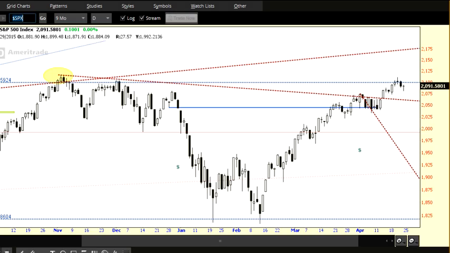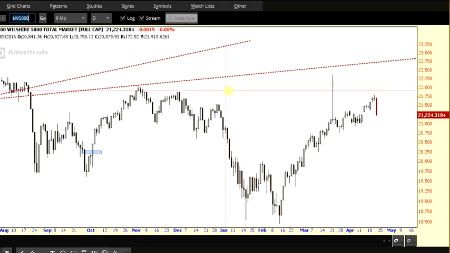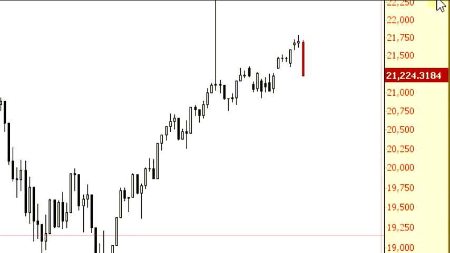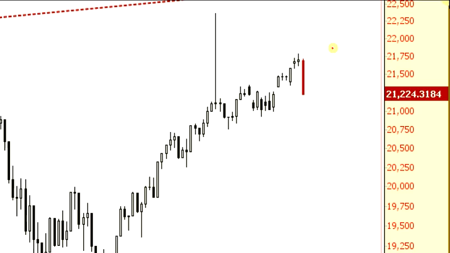So anyway, if you look at the Wilshire, of course it had a pretty big sell-off today. One of the reasons we've been looking at the Wilshire is that it's a broader set of stocks. It's 5,000 stocks in the Wilshire, and you can see that could be called a bearish, not really a bearish harami, maybe that's an engulfing pattern.